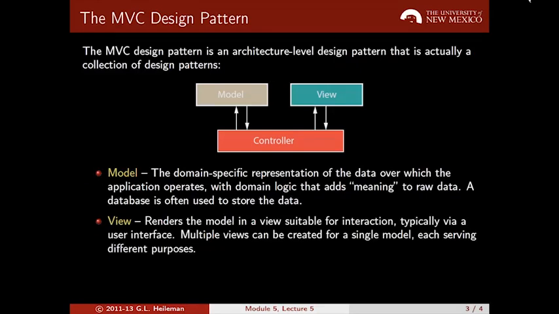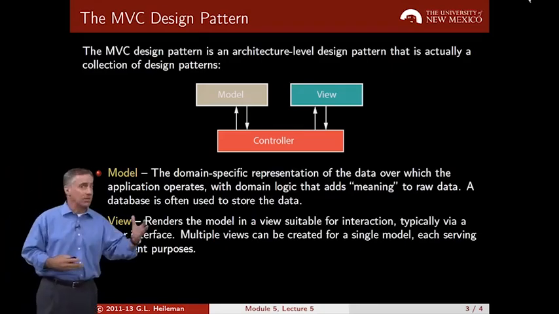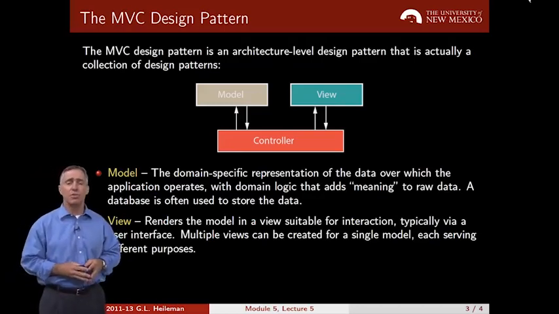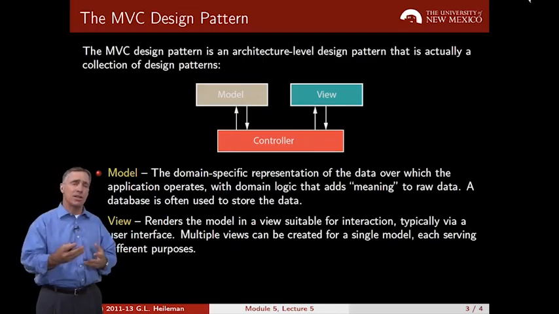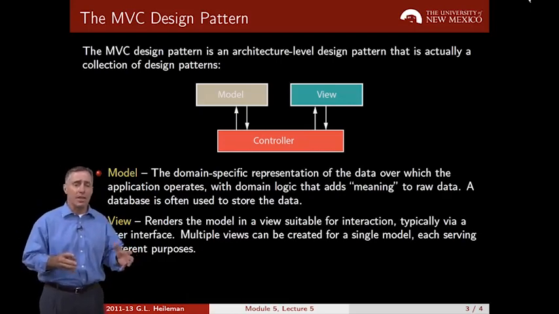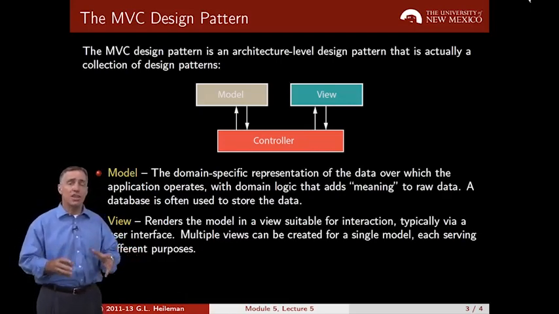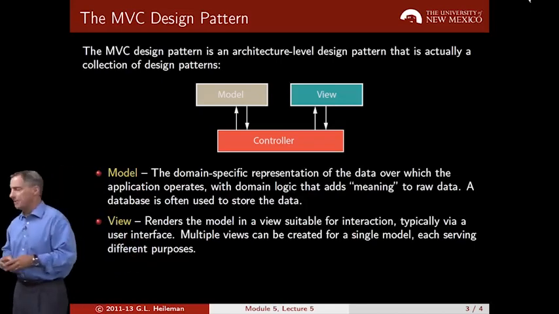The view, this is what is used to render the data that's in the model. And typically this is a view that's suitable for interaction. You put links, for example, on a page when you provide a view. And typically it's in the form of some type of user interface. Now, the nice thing about separating the presentation from the data is that you can have multiple views for the same data depending upon the user, or as you update your application, you can change what the view looks like.